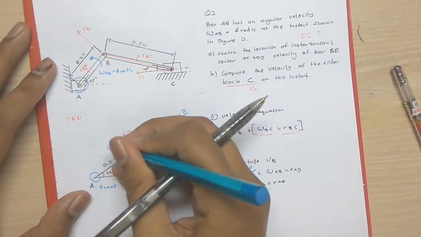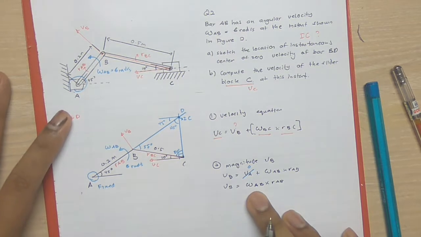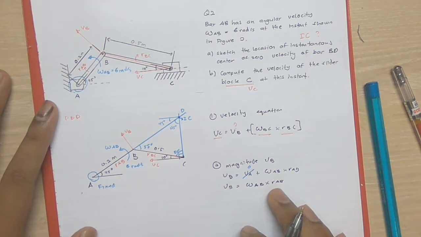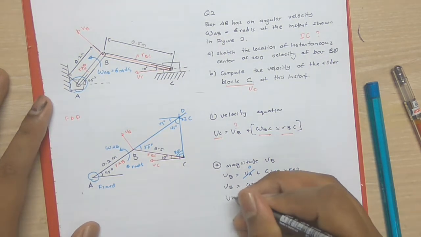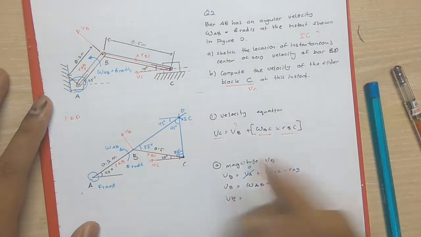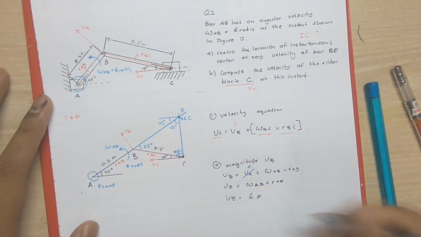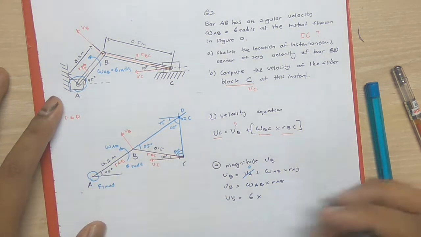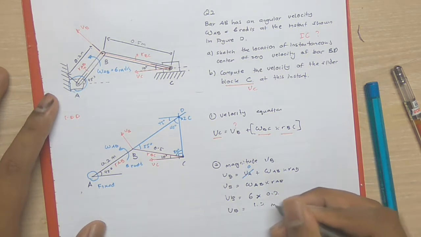Omega is the angular velocity, and R is the position vector from A to B. So omega AB is 6 times the position vector from A to B, which is 0.2. So VB equals 1.2 meters per second.